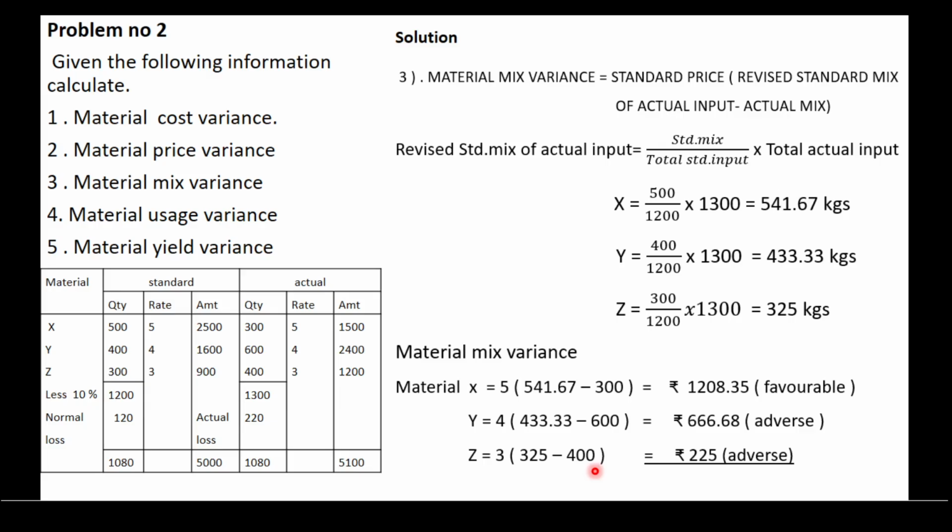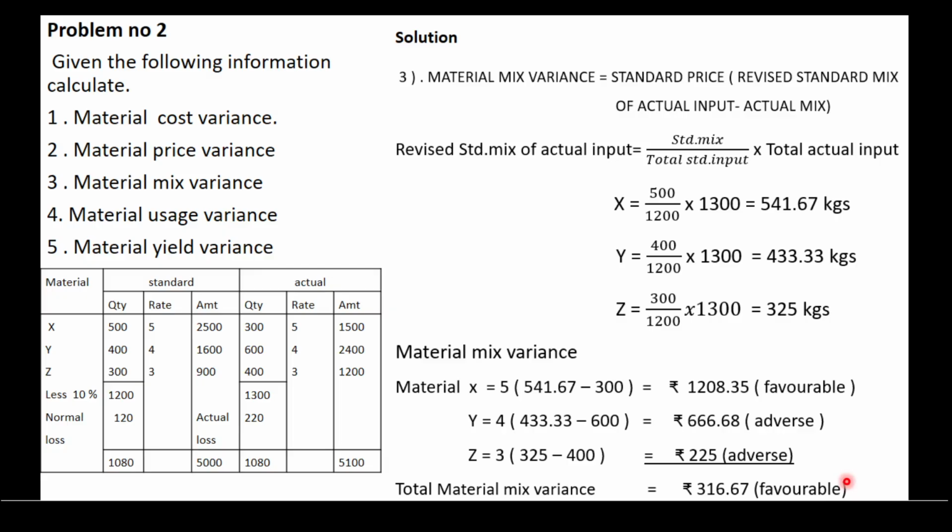Here also it is adverse. So now the total material mix variance is rupees 316.67 favorable, because here the favorable is more than the total of adverse. That is the total material mix variance.